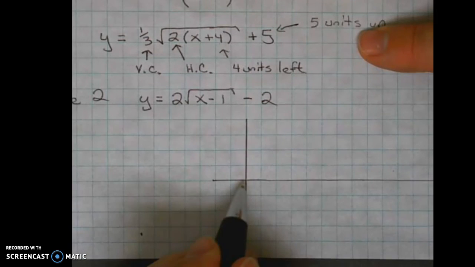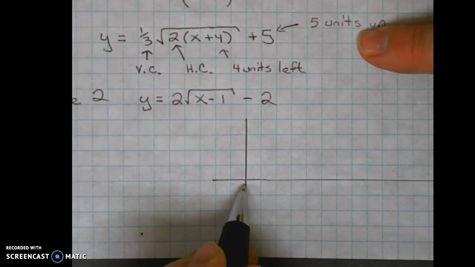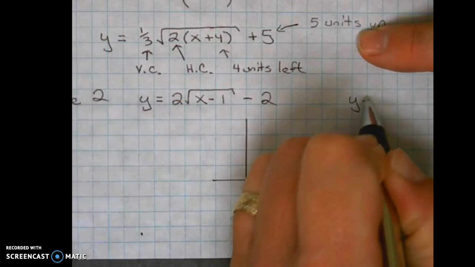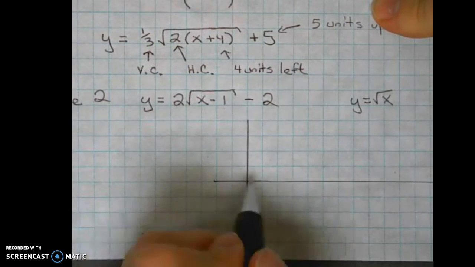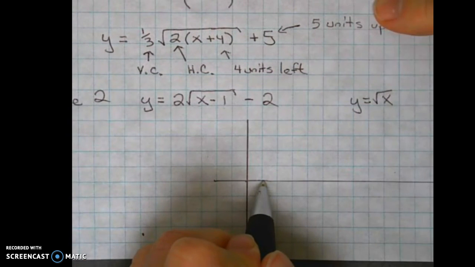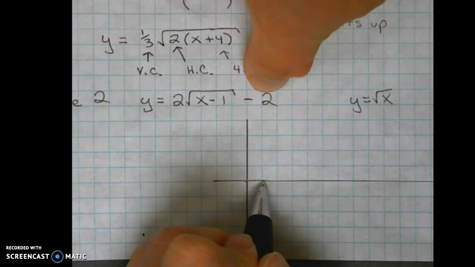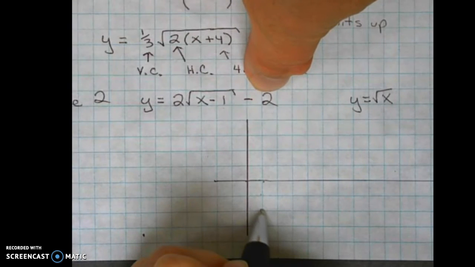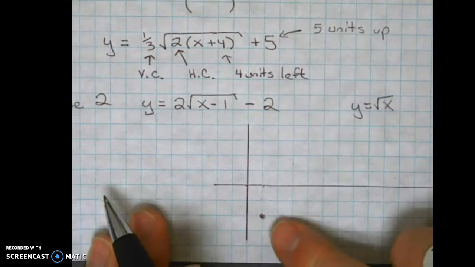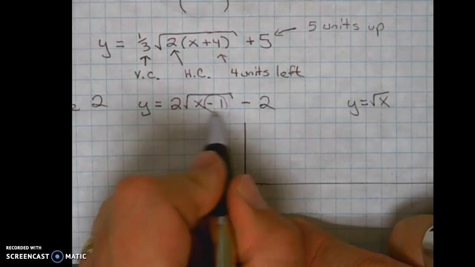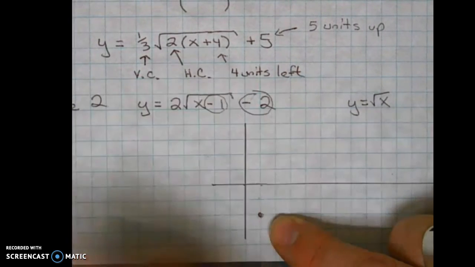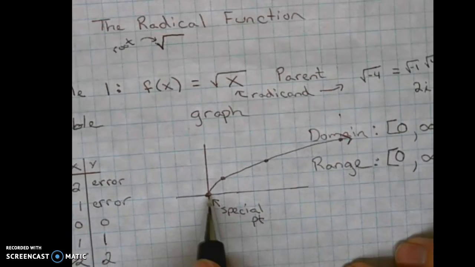So we're going to take that starting point, since we're going to be transforming the parent function, which is the square root of x, and we're going to go 1 unit to the right, okay, and we're going to go 2 units down. And so our new starting point is going to be here. So we've just applied this part and this part to our special point, our starting point on our square root function.